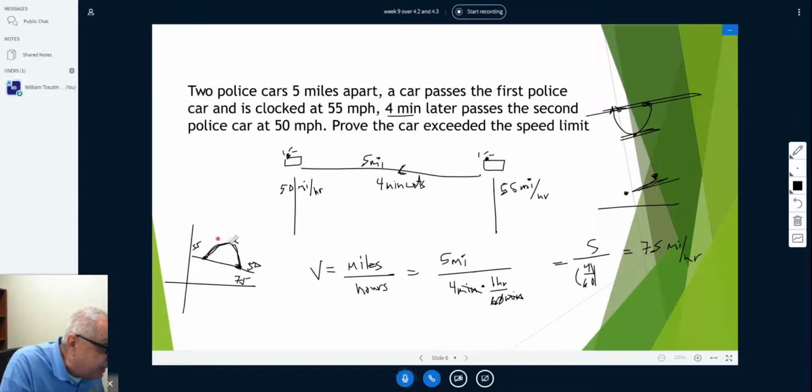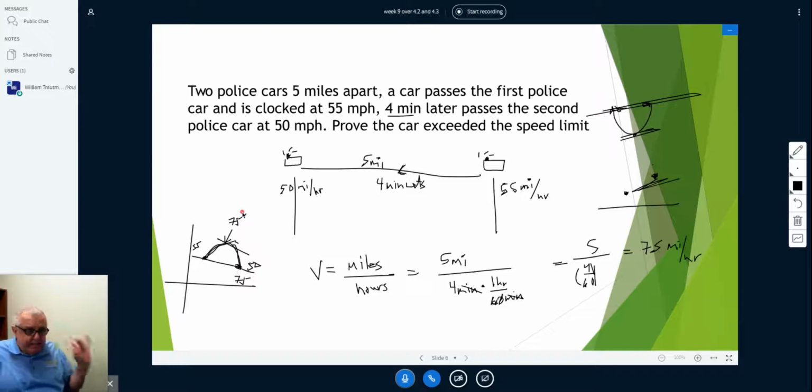At some point, our average was not our average, but there's a point on our graph where the slope or the speed was also 75. I could have went at 110. I mean, I would have to actually go faster than 75 to get an average speed of 75 because I was going less than it. So in reality, I was going 90 at some point, somehow faster than 75.